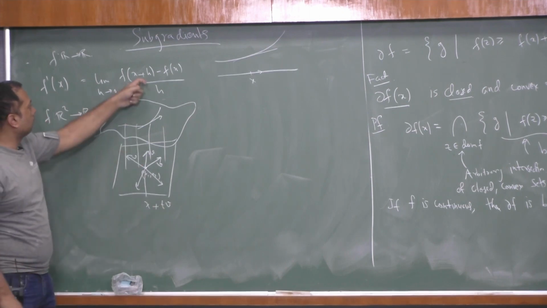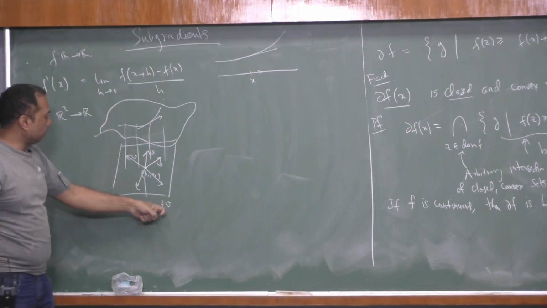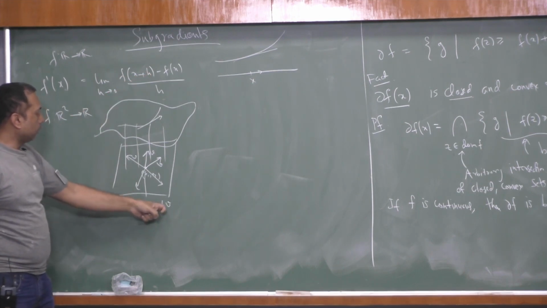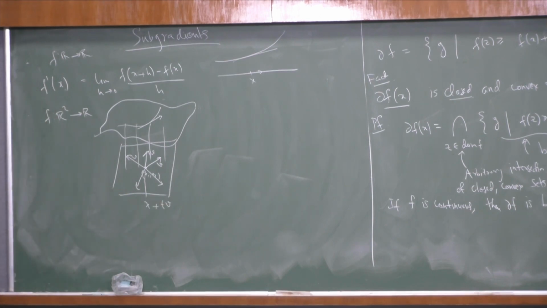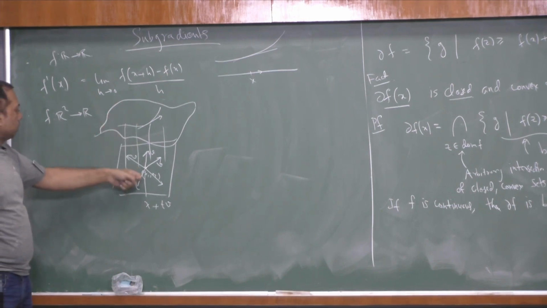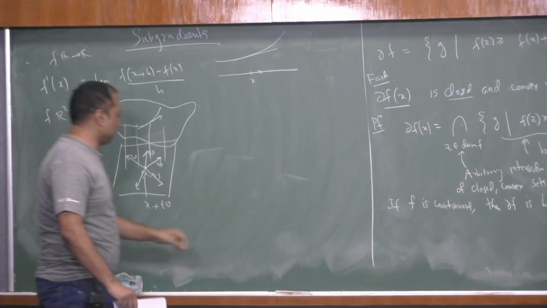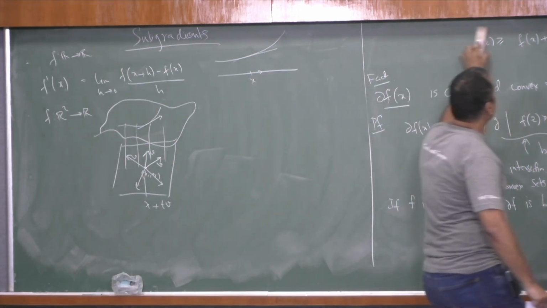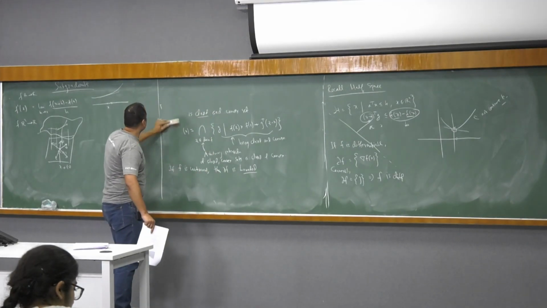This acts like the instantaneous change I want, so tv will be tending to 0. So there is a concept of directional derivative: I want to know the change in the function along a certain direction. It is simple, just change h to tv.